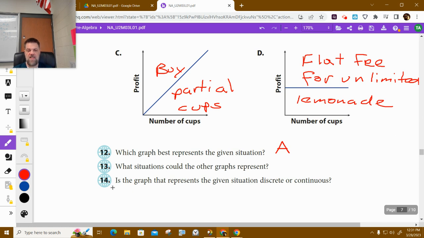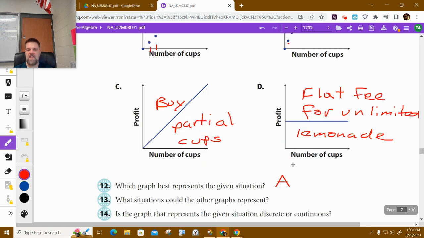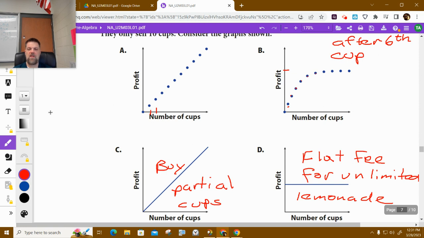It says, is the graph that represents the given situation discrete or continuous? Is A continuous or discrete? No, opposite. This is discrete. Discrete graphs have dots. Continuous is a line. Continuous graphs, you never pick up the pencil.